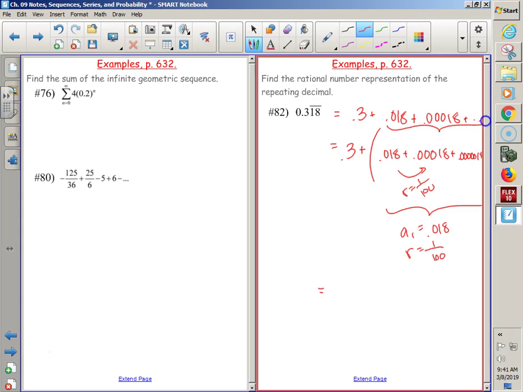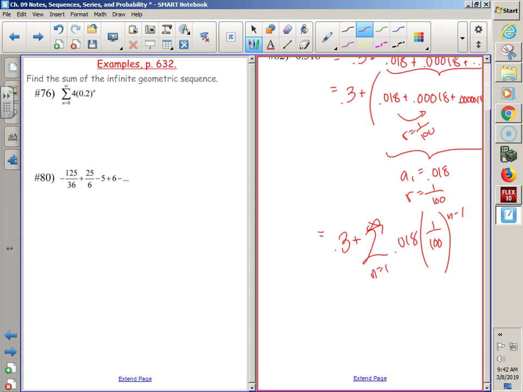And could I say that this is the same thing as 0.3 plus the infinite sum of 0.018 times 1 over 100 to the n minus 1? I want that 0.3 separate. Could I find this guy with the S sub n formula? Yeah, I could.